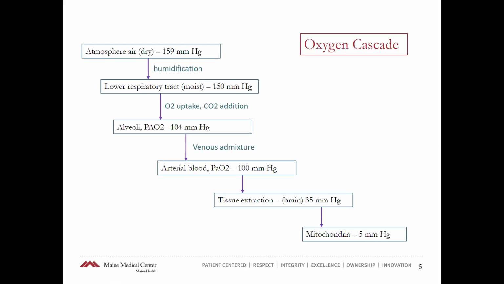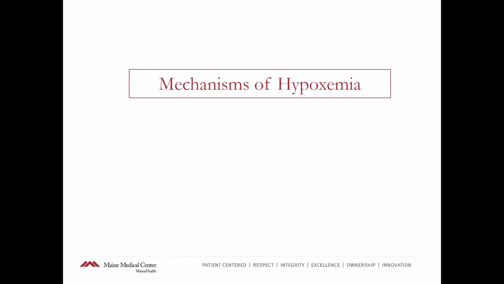Drop it another few points, and then you move on to tissue extraction in the periphery. The big consumer here, right, is the brain, which takes the most and drops down the PO2 to something around 35 millimeters of mercury. And then the final step is just in the mitochondria, where it's down to 5 millimeters of mercury or so. Lots of places for things to affect PO2 at any level in that cascade.